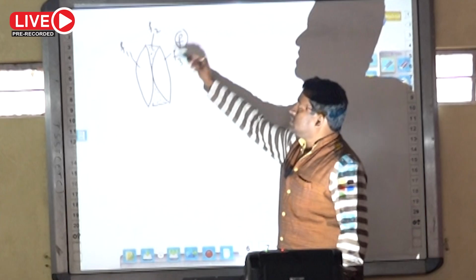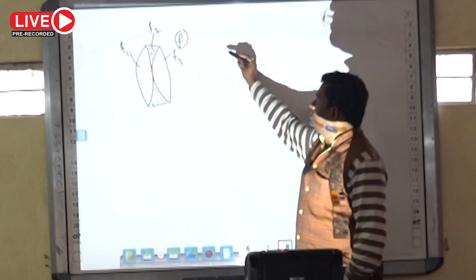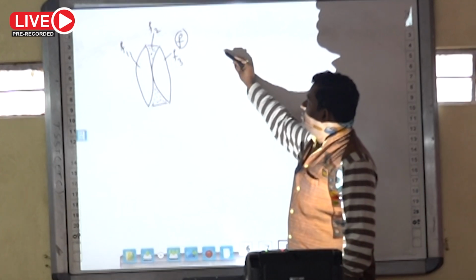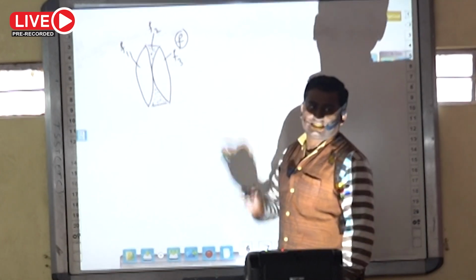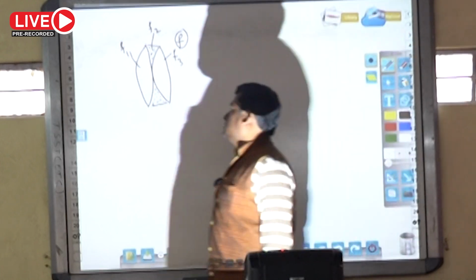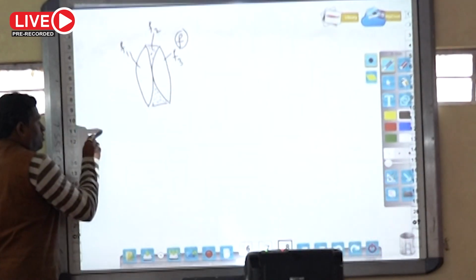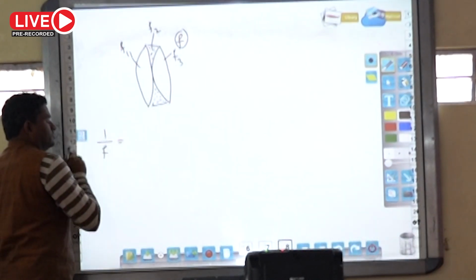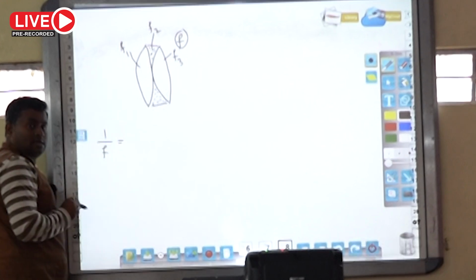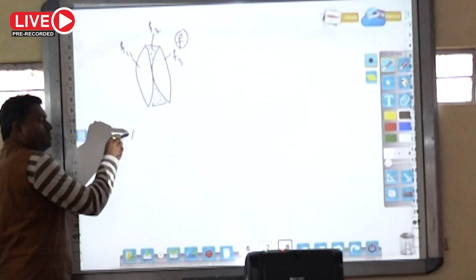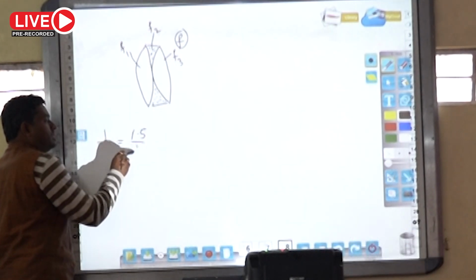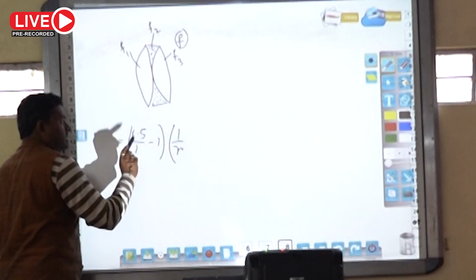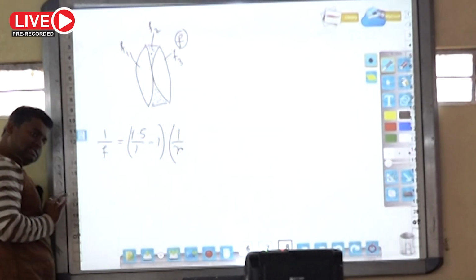Now, see, for the two equiconvex lenses, we know that 1/f = (mu2/mu1 - 1)(1/r1 - 1/r2). That is (1.5/1 - 1) into 1/r, if the radius of curvature of each surface is r.